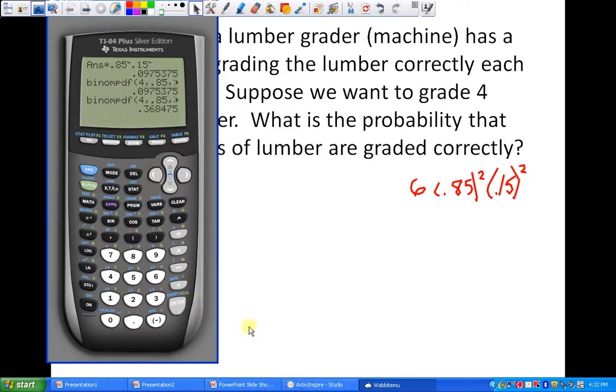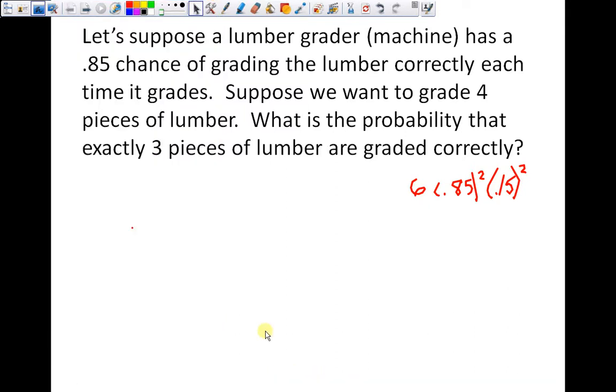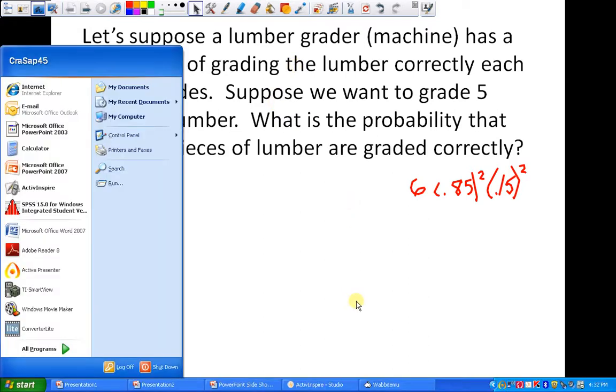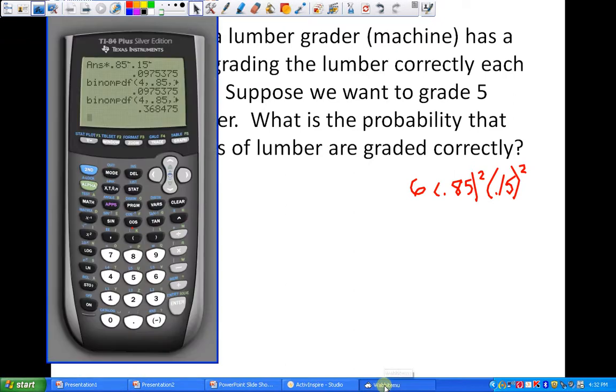So let's look at another example. This says, suppose we want to grade 5 pieces of lumber. What is the probability that exactly 4 pieces of lumber are graded correctly? So we're going to use a different number of trials and number of successes.